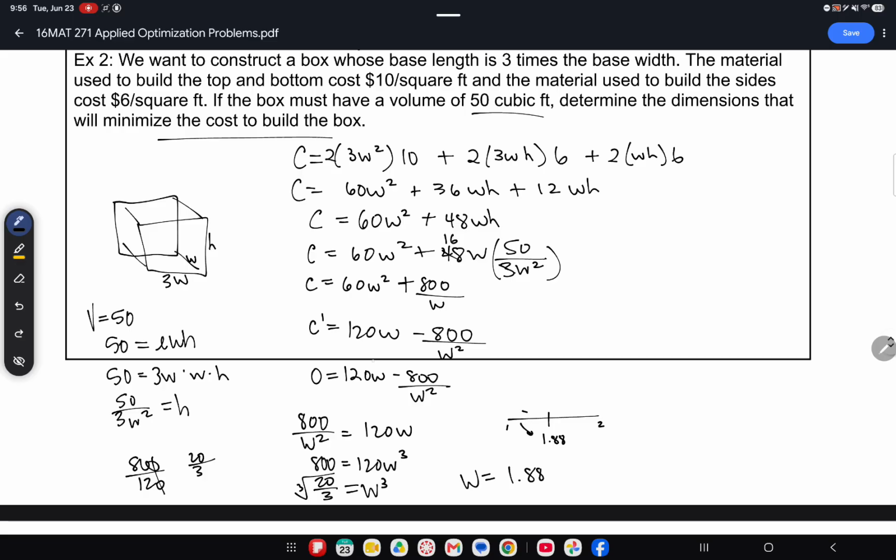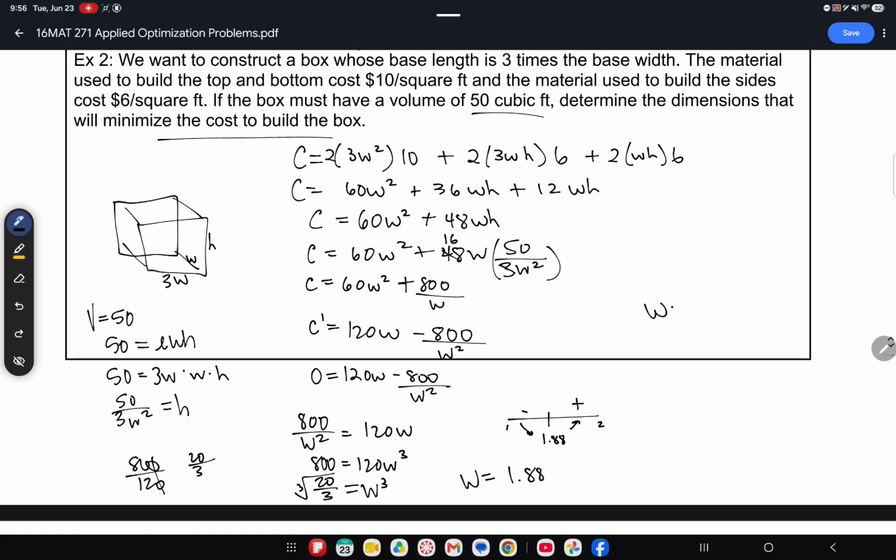And if I plug in 2, that's 240, and then 800 divided by 4, so I get a positive. And then that creates that minimum value there. So, okay, we are good there.